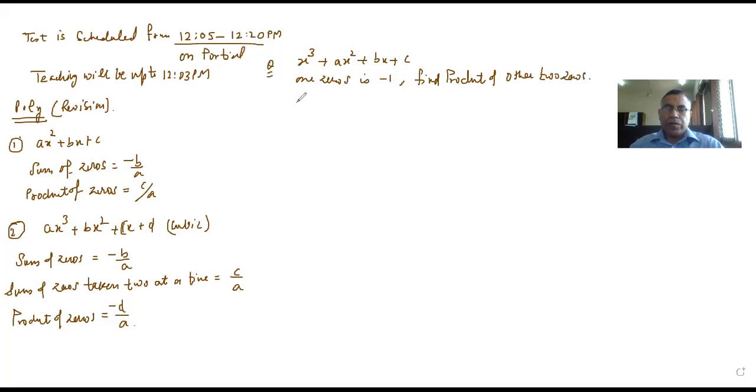So if p, q, r are the three zeros, because it is a cubic polynomial, so there will be three zeros.